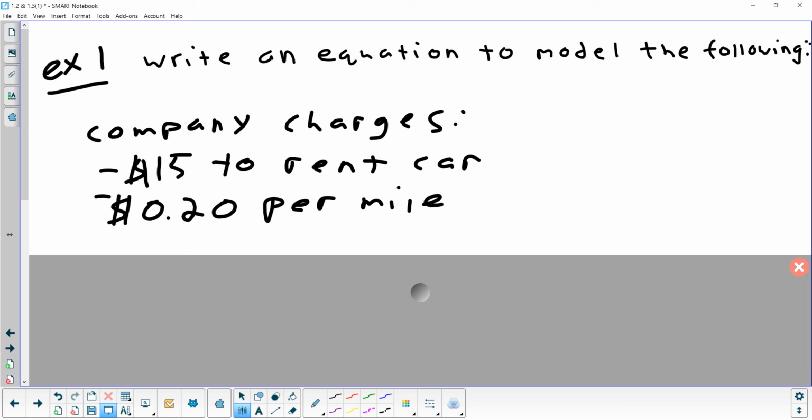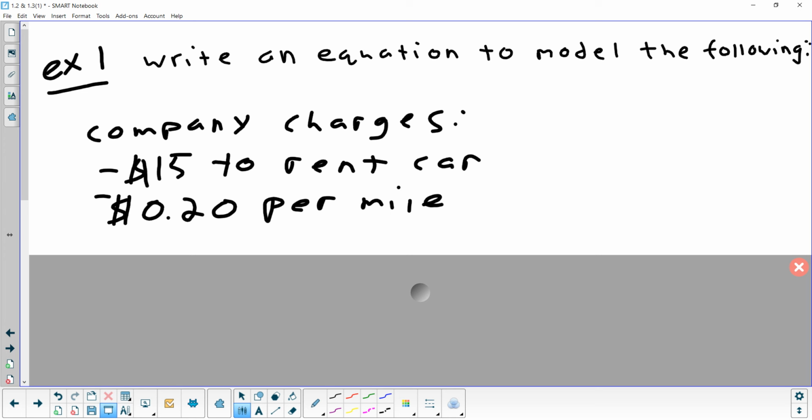And the first thing is, how many variables are going to be in that equation? Think about how many things in this problem are unknown. Yep, Sarah? How many cars and how many miles? Okay, how many miles? Yep, so how many miles you drive is unknown.